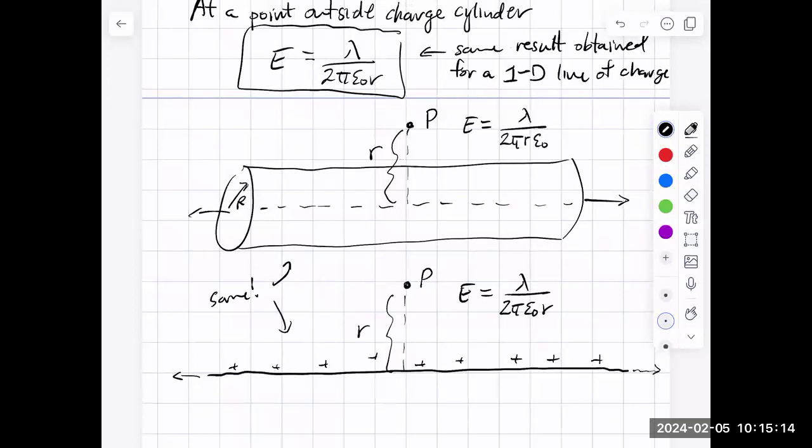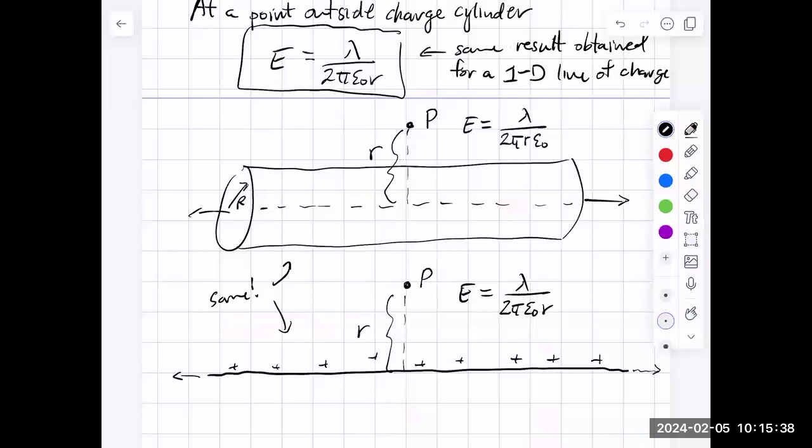We could have also done a uniformly charged sphere. And if we look at a point outside of that sphere for the electric field, it would look exactly like a point charge, as long as our point charge with charge Q has the same total charge as our sphere.